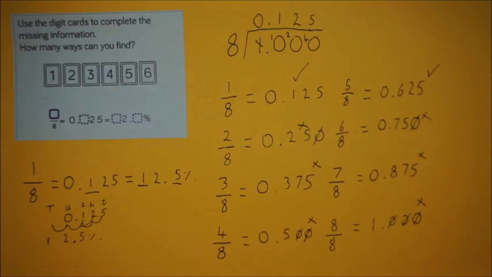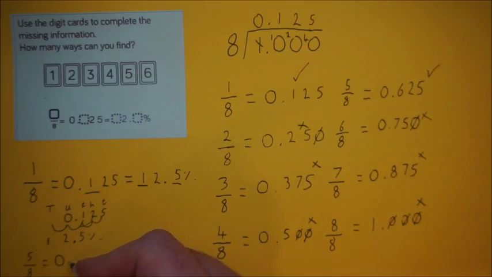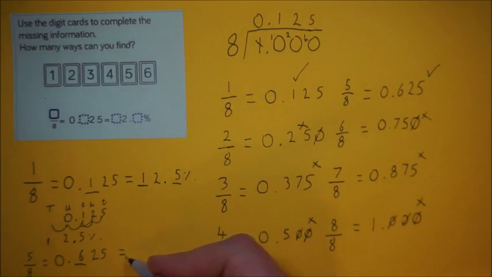But like we said, there are 2 possible answers. The other one that I think is correct is 5/8. So 5/8 is equal to 0 point, going to drop a number in here, 625, that's what we figured out earlier, which is equal to, and we're going to multiply by 100 again.